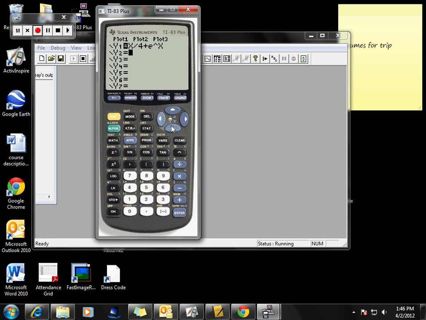I'm also going to graph on separate lines just x over 4, and also just e to the x. You'll see here in a second. Just for demonstration, I'm going to turn both of those off for a second. Just look at this original function, x over 4 plus e to the x. Okay, so that's what that looks like.